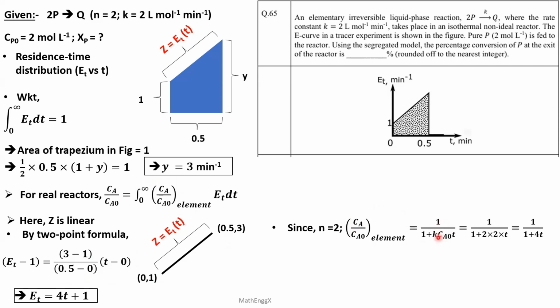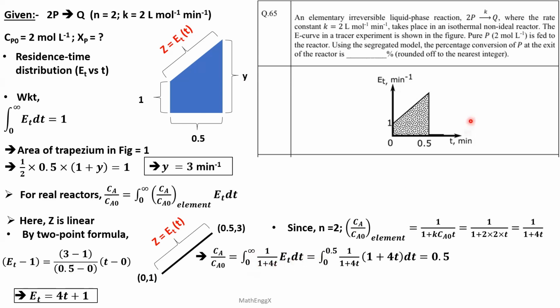By substituting the values of K and CA0, we get (CA by CA0)element as 1 by (1 plus 4t). Now substituting the expressions for (CA by CA0)element and E in the given equation for real reactors, we get CA by CA0 equal to the integral of 1 by (1 plus 4t) into E dt.